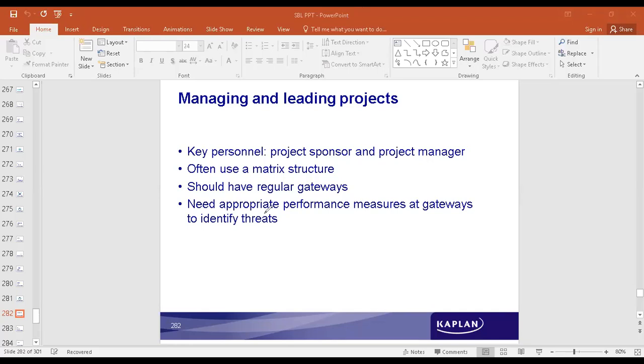So the project sponsor and project manager look into how the project is implemented. They often use a matrix structure. Then they should have reviews at regular intervals, and any feedback should be taken, and any threats identified.